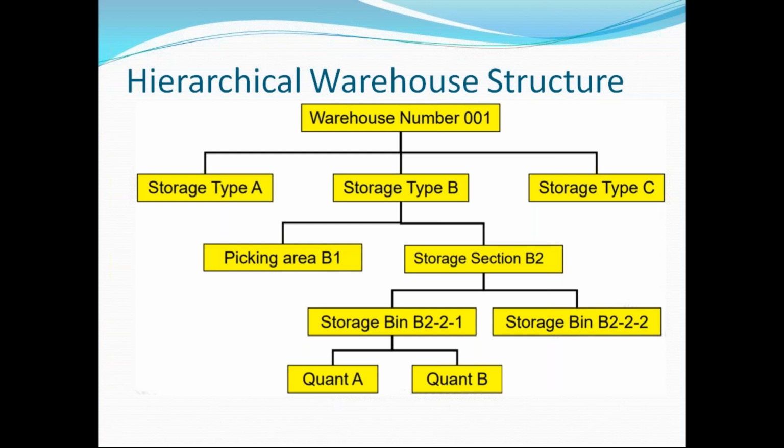Here it is represented as storage type A, storage type B, and storage type C. The storage type itself will be divided into various sections for the various activities. Here the storage section is B2 and the picking area is B1.